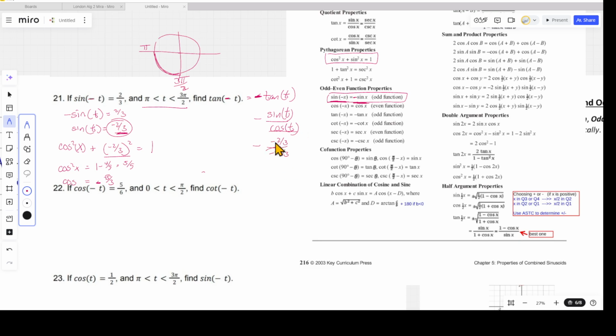I could cancel those negatives and then flip and multiply. Those 3's cancel, you get negative 2/root 5. I'm sure you're supposed to rationalize that. So negative 2√5/5 is the final answer for tan negative t.